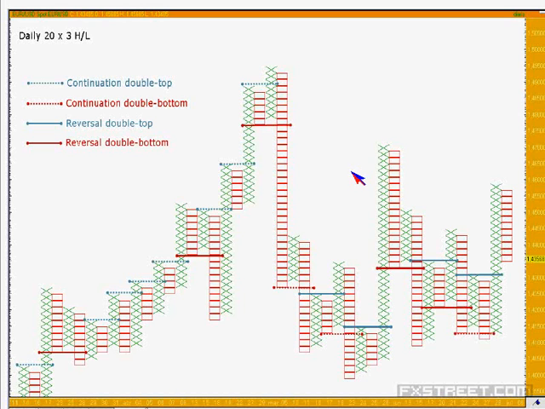Okay, so you may use, like we will see in further charts, the 3 box reversal in order to assess the direction of the trend, and the direction of the trend is recognized, for instance, by the last printed signal that you get. So we would now be still under the influence of this reversal double top here.